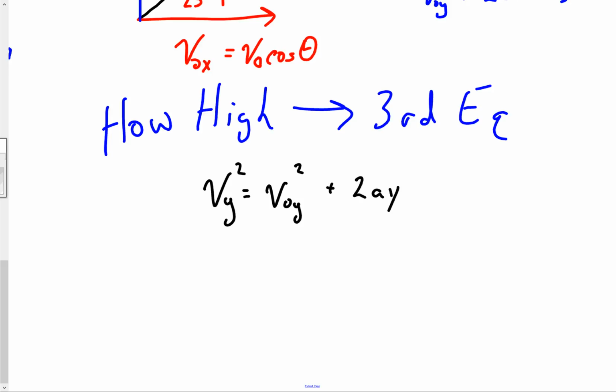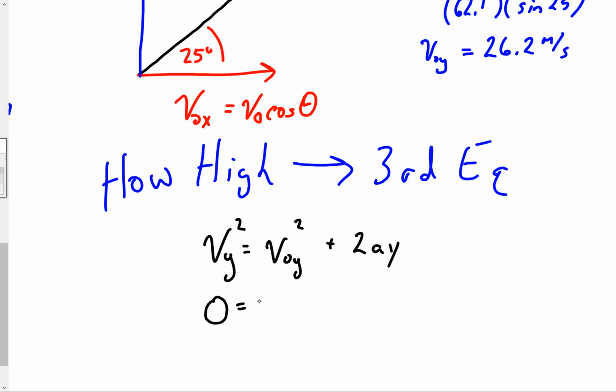And look at what we know. Vy, the velocity in the y direction at the top of the arc, is 0. V0y is actually 26.2 squared. 2 times negative 9.8 is negative 19.6y.